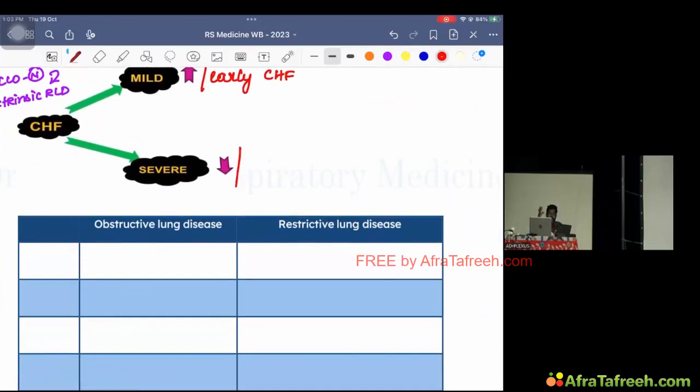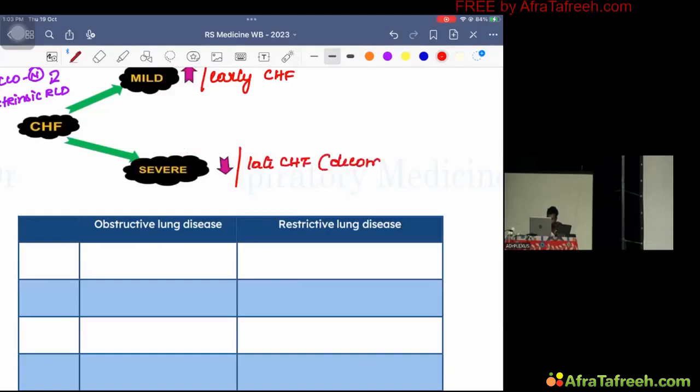But in severe cases, the heart contraction is going to reduce. When heart contractility reduces, what will happen to the blood flow to the lungs? Decreases. So the DLCO will be decreased. So in late or decompensated congestive heart failure, the DLCO will decrease.